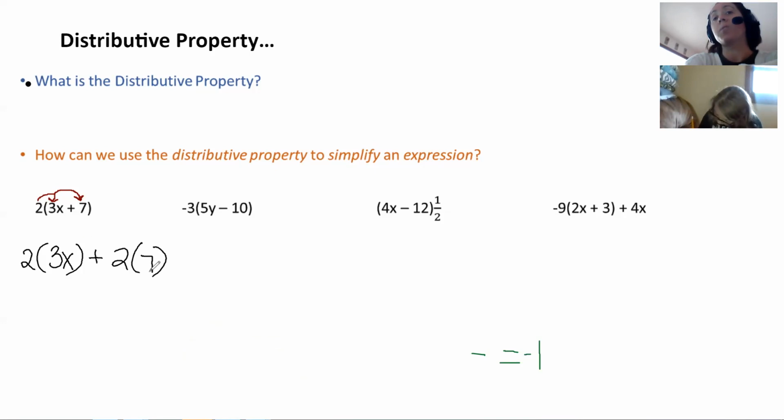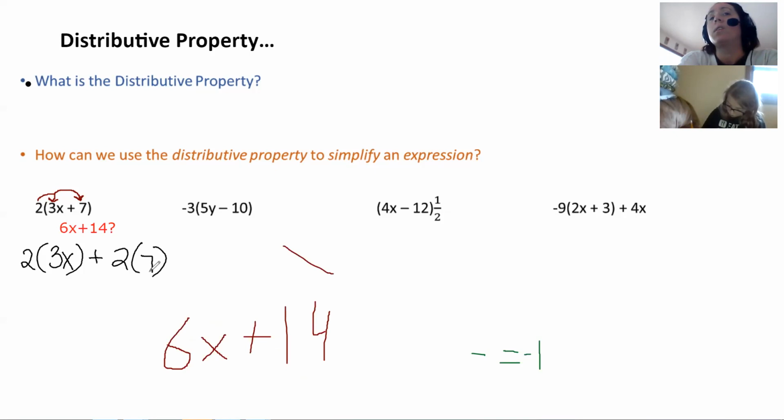What do you guys think? What's 2 times 3x? Yeah, very good. We would have 6x plus 14. And can I combine those at all? No, cannot combine them because they are not like terms. Good, very good.